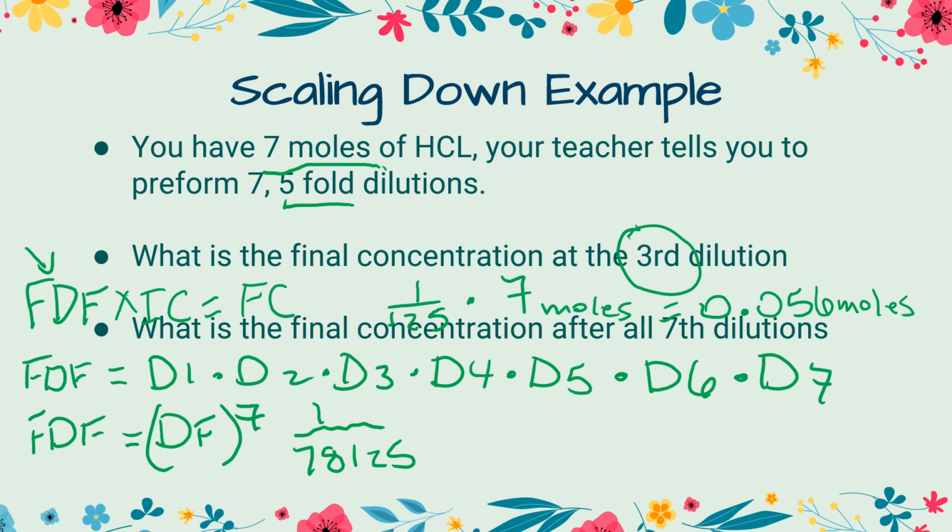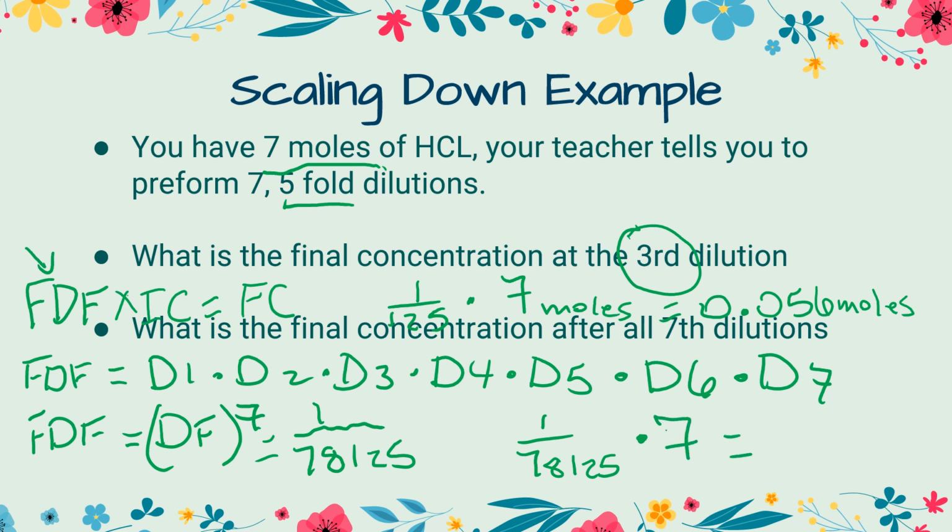Now let's plug that into our equation. 1 over 78,125 times my initial concentration, which we remember is 7.